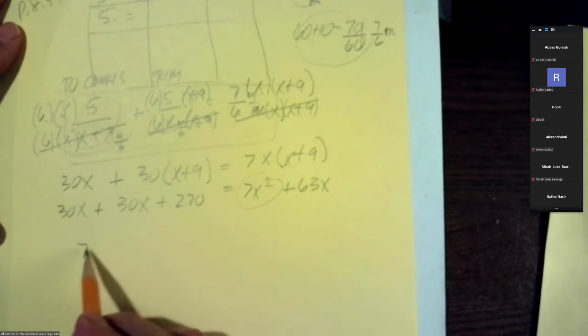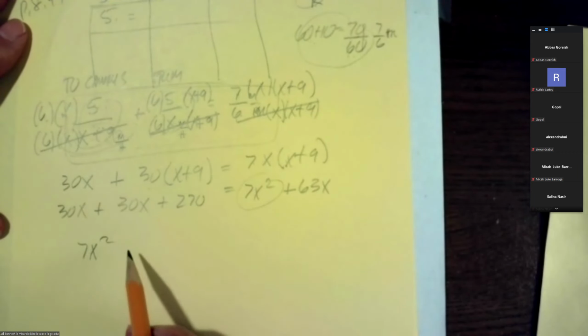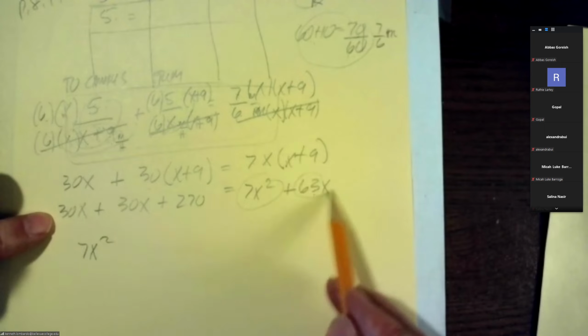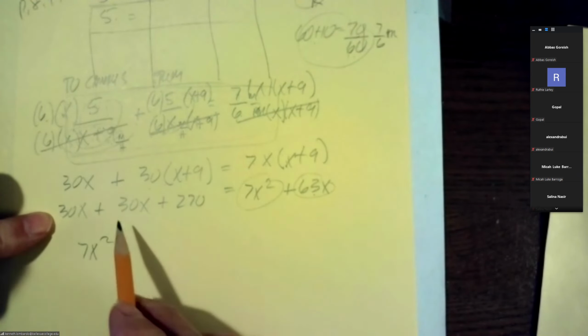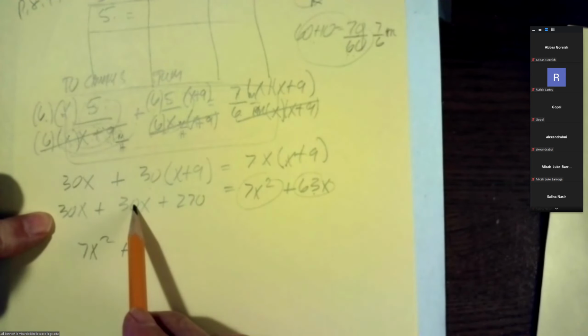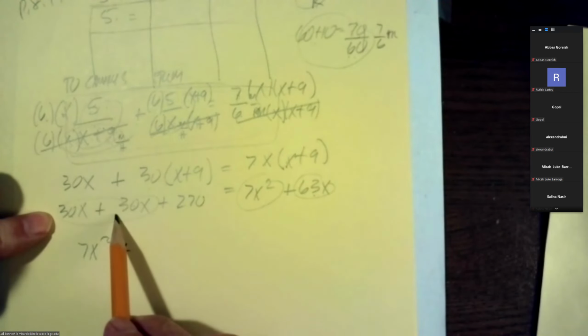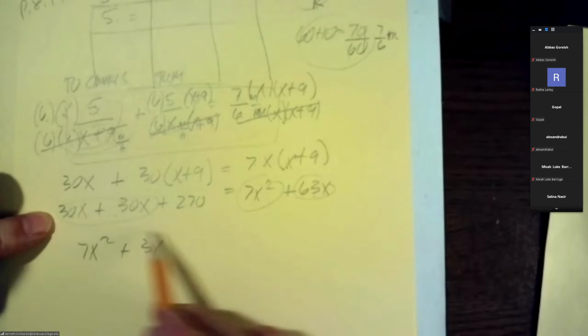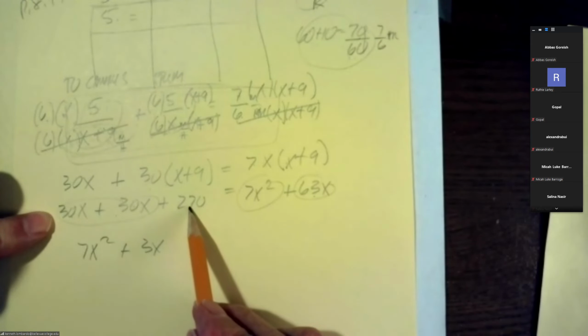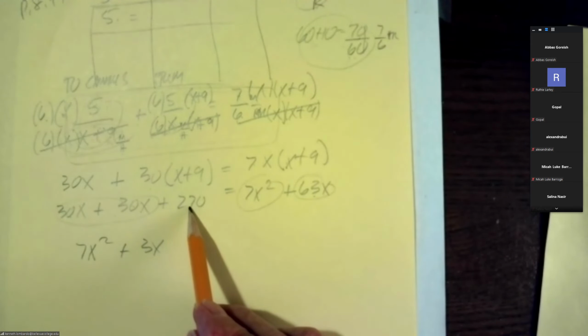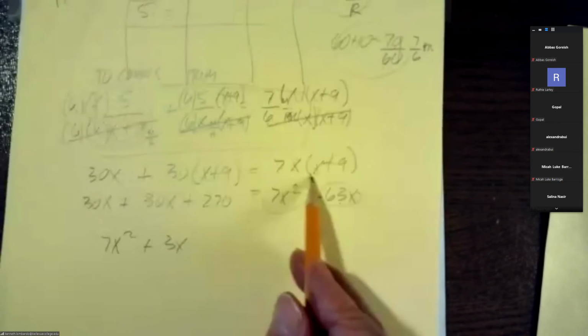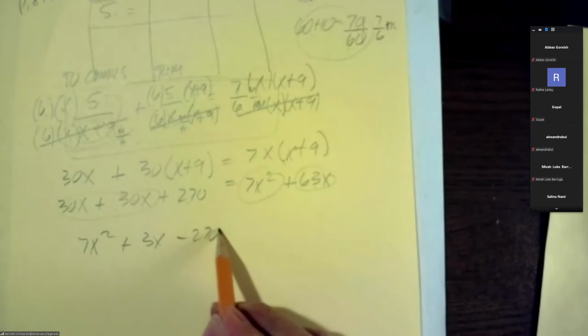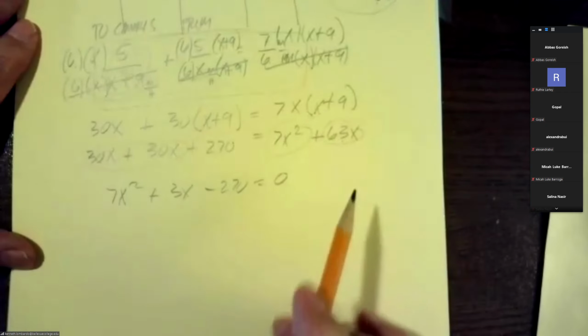So we have a 7x squared. And then how many x's? We have 63, and then we've got 60 here. So it looks like we're going to have just 3x when we subtract this. And then, bring this to the other side, we'll have negative 270 equals 0.